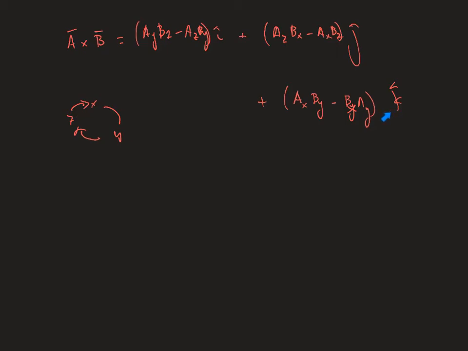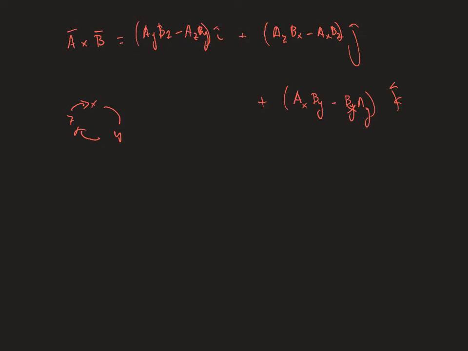If I go to the k component, I will go to the next one, x: AxBy minus AyBx. Yeah, it works. So this is the vector, and it's exactly the same thing that I did a minute ago when I used the distributive property, multiplying the vector A by the vector B.